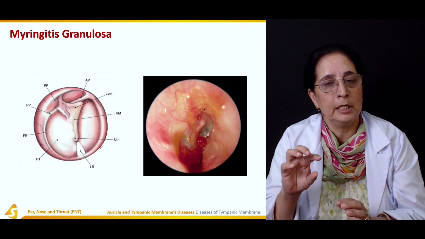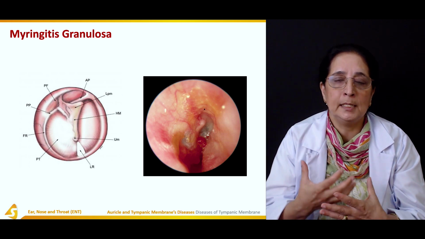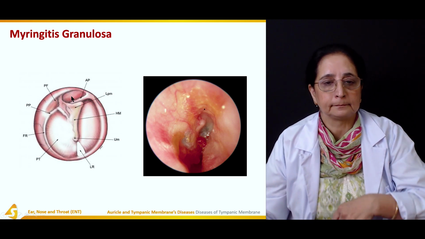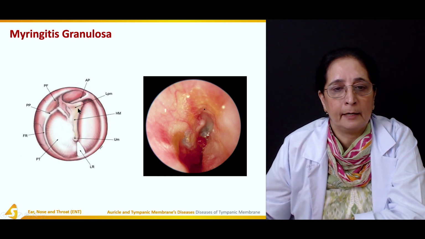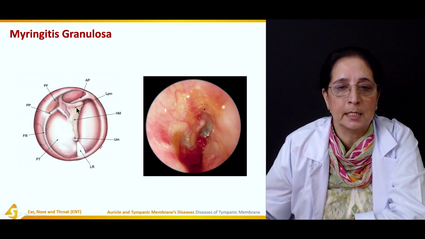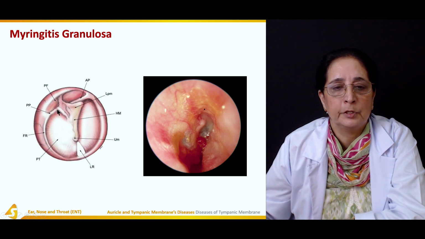When you look at the tympanic membrane, you can see these structures of the middle ear also through the tympanic membrane. So this is the handle of the malleus. We have the lateral process of the malleus. This is the anterior process or anterior part of the malleus. This is the posterior part, anterior and posterior.